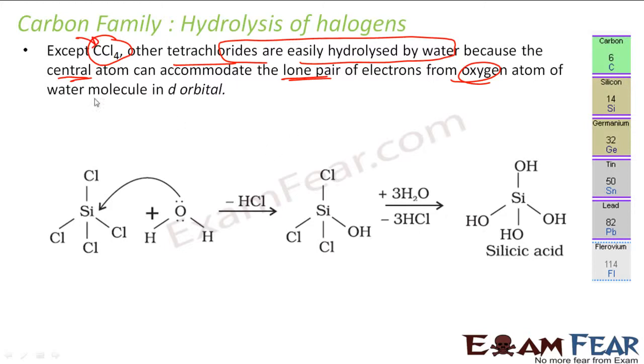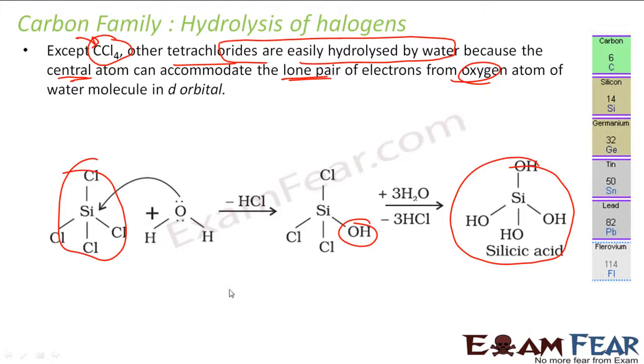For example, SiCl4 can accommodate the lone pair from water, and it will replace the chlorines with OH. If you replace them one by one, you get the acid. CCl4 is not able to hydrolyze because the carbon size is small, and it will not be able to handle these bigger OH groups.